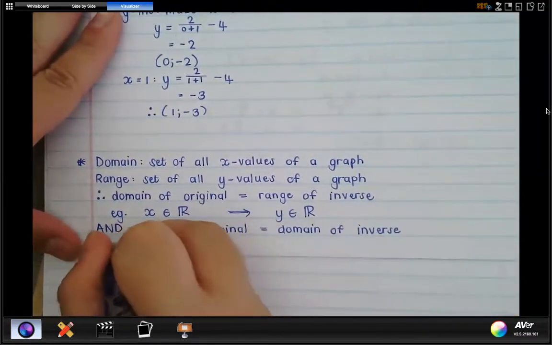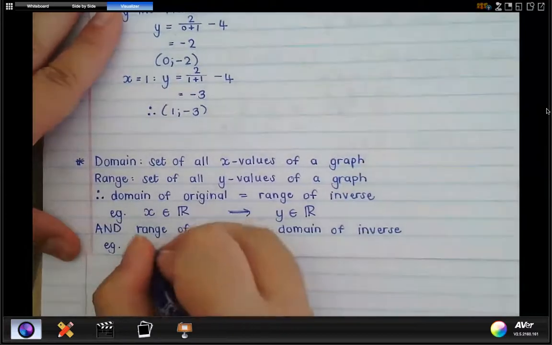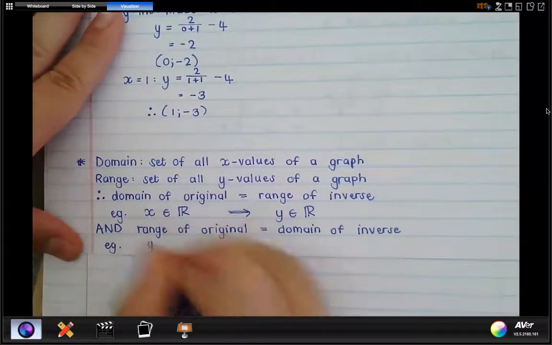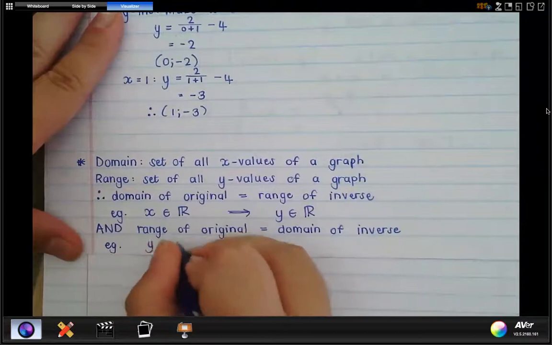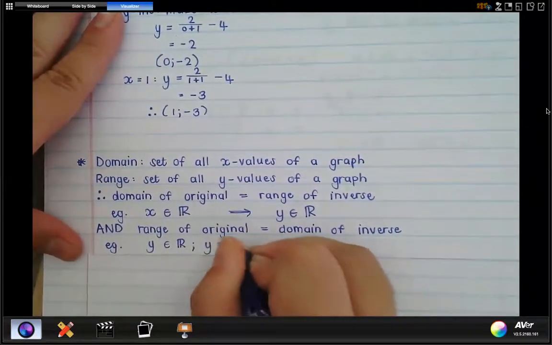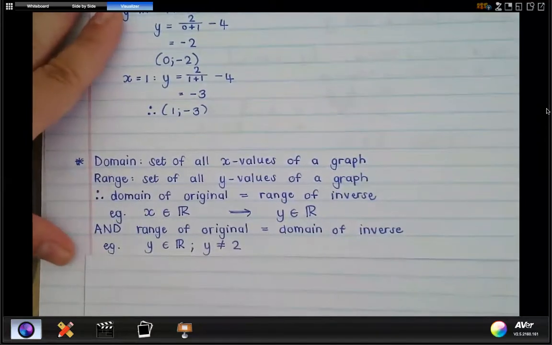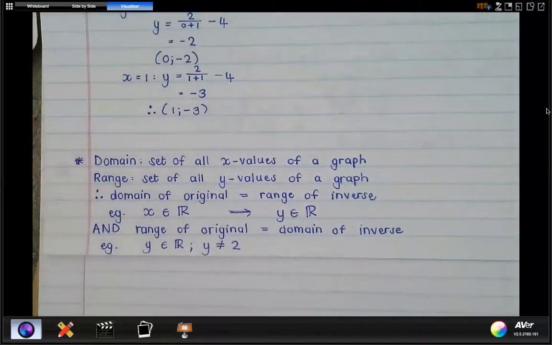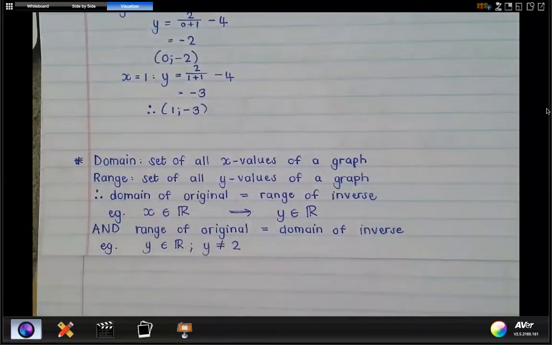For example, if the range of your original graph was, let's say, y is an element of real numbers, but y cannot be equal to 2. So say, for example, it was a hyperbola with an asymptote y equals 2, then that would be the range, right? y can be any real number, but just not 2, just not where the asymptote is.